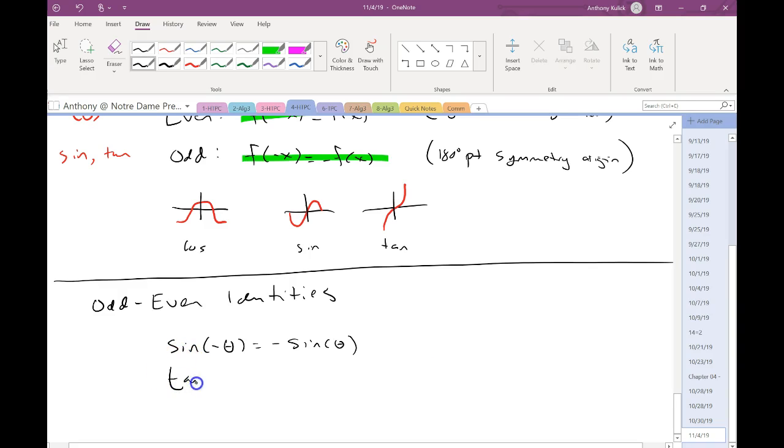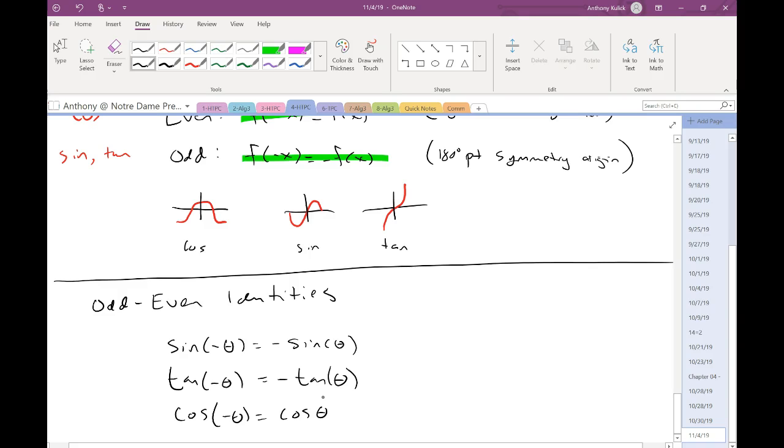Similarly, since tangent is odd, I can say tangent of negative theta is equal to negative tangent of theta. Since cosine is even, I can say cosine of negative theta is equal to just cosine theta.